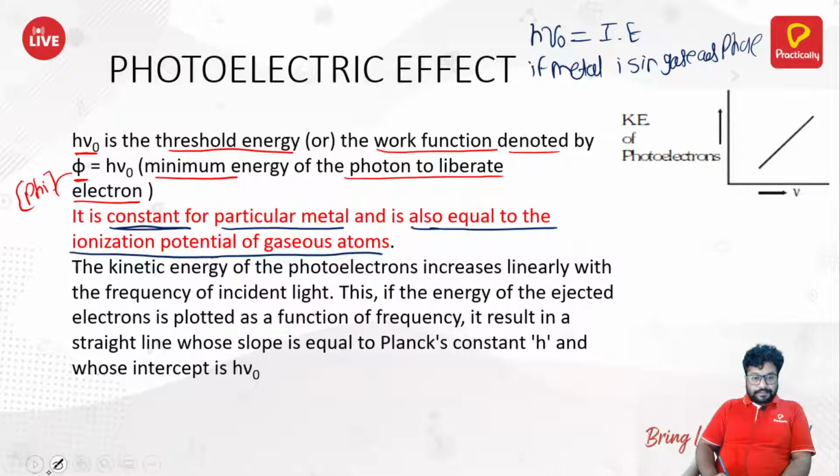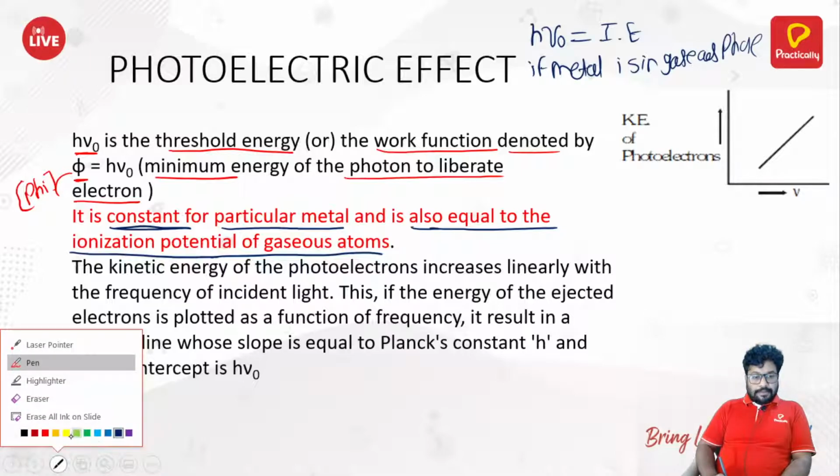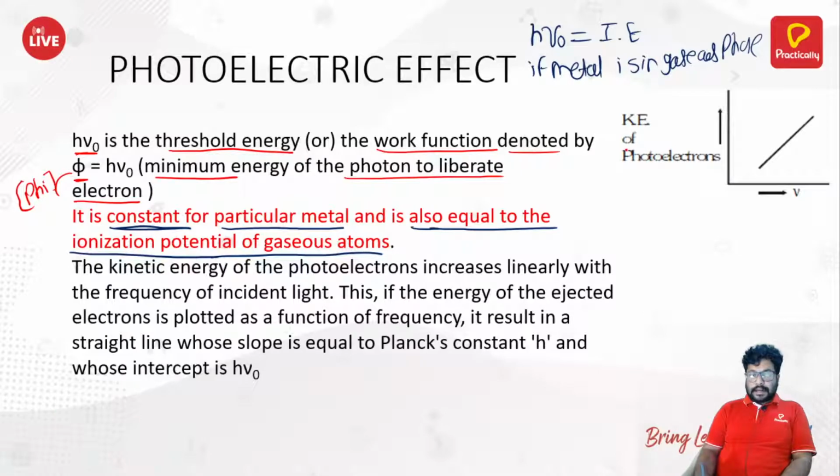Let me tell you one more thing. You can see a graph here. The kinetic energy of the photoelectron is plotted against nu. We all know the equation: kinetic energy is equal to h nu minus h nu 0.